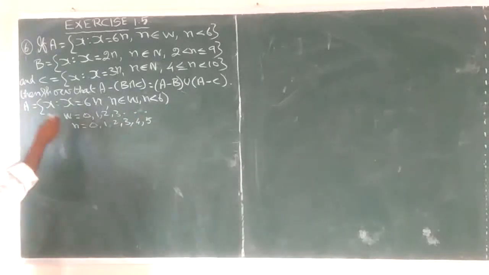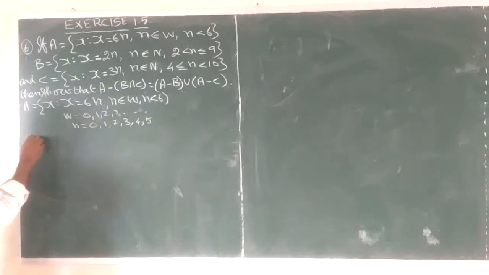For each value find x. What is x given? x equals 6n.